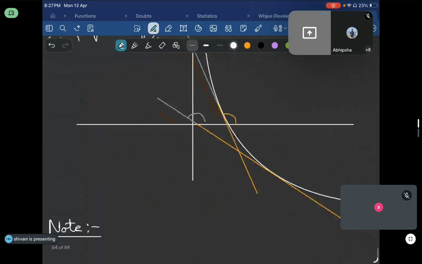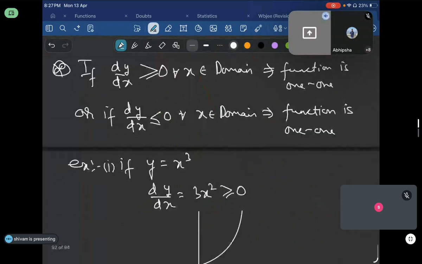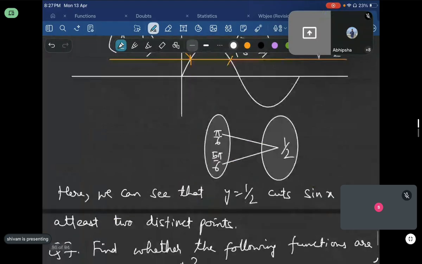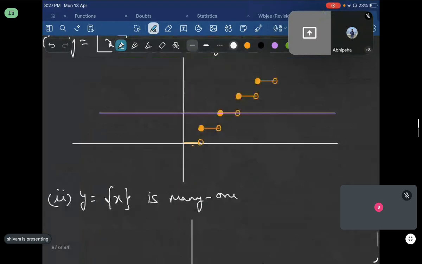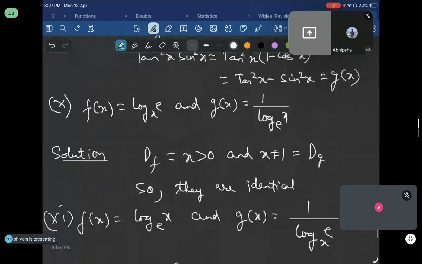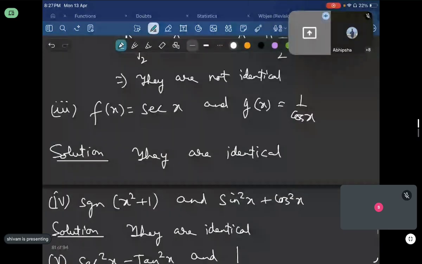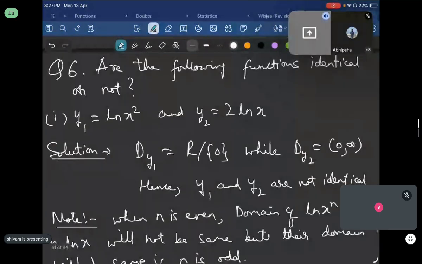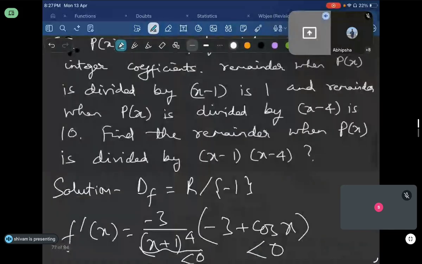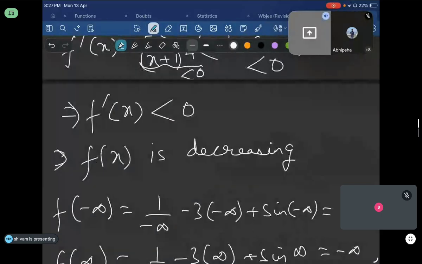But everyone, today we did a problem. Pay attention. Over here, f dash x was always less than 0.